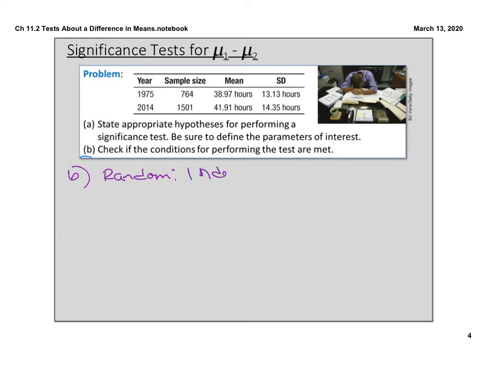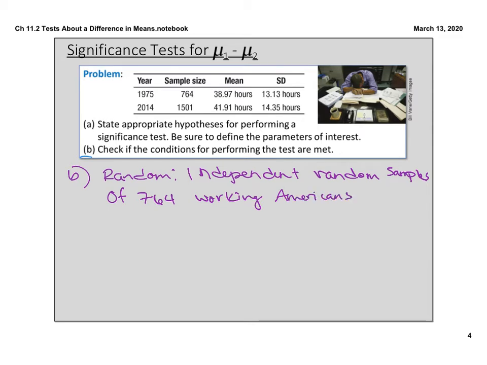So independent random samples of 764 working Americans in 1975 and 1,501 working Americans in 2014. Okay, so randomness, check.